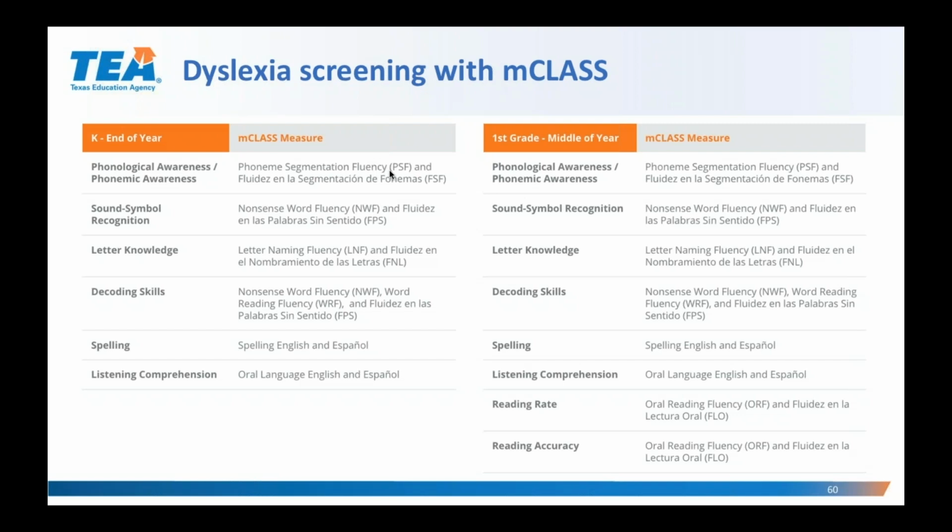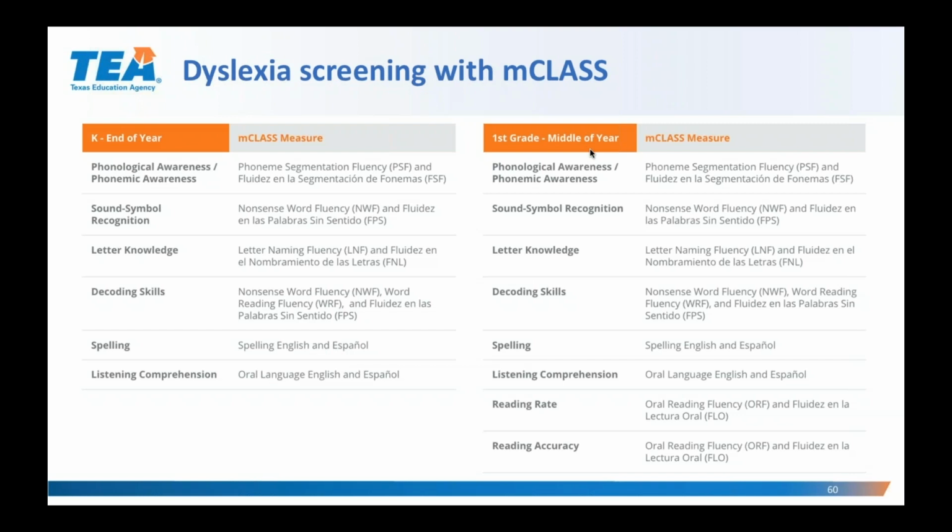We have you covered in terms of the English measures listed here that will be part of DIBELS, or the Spanish measures that are listed here that are part of EDEL. And then for the spelling in either language and the listening comprehension, which will show up as oral language, either in English or in Spanish, those are added on for kindergarten end of year.